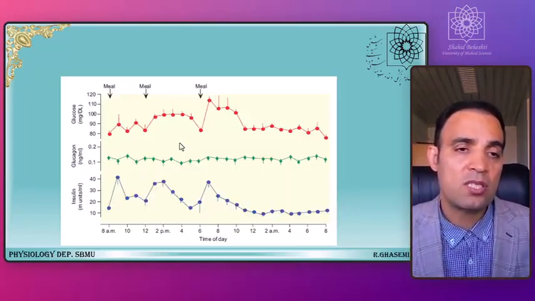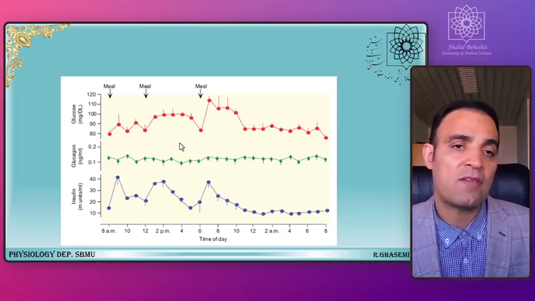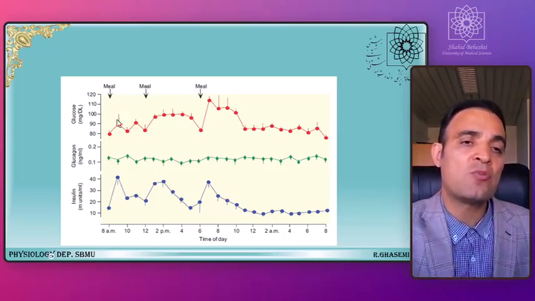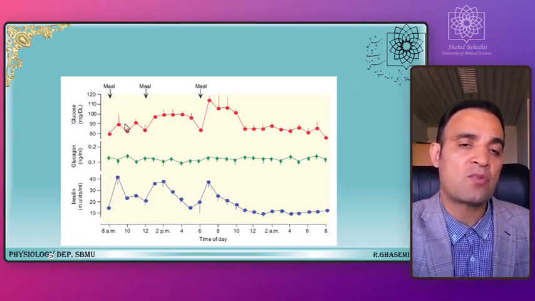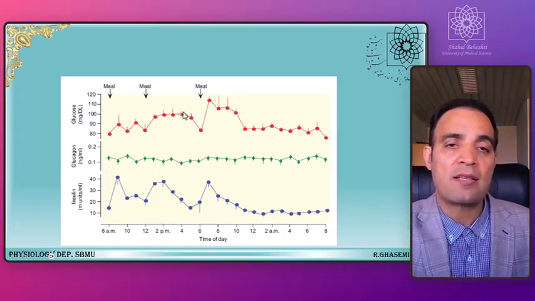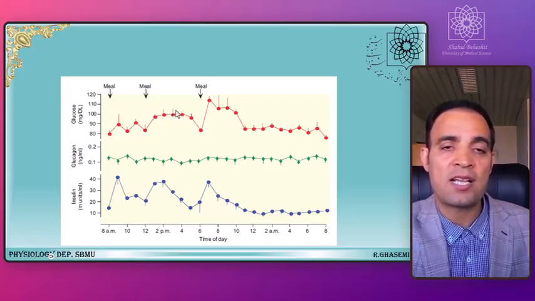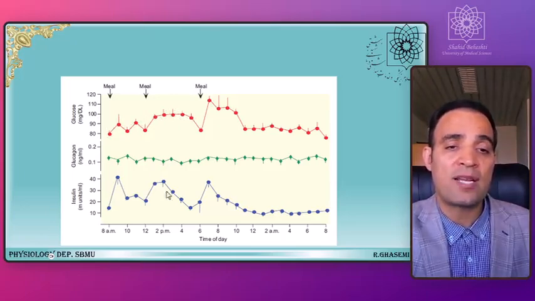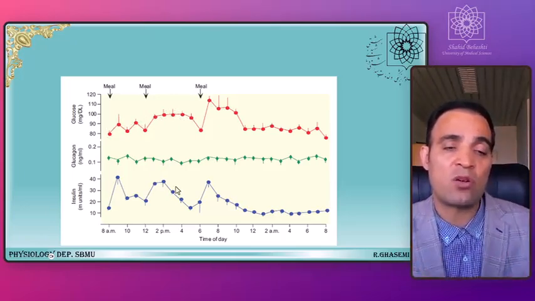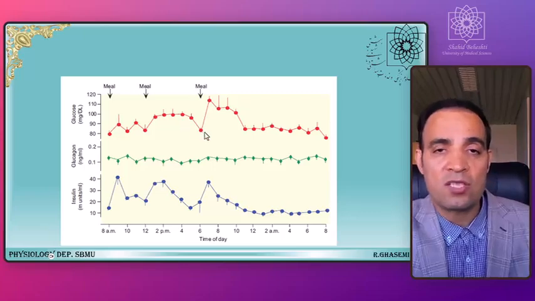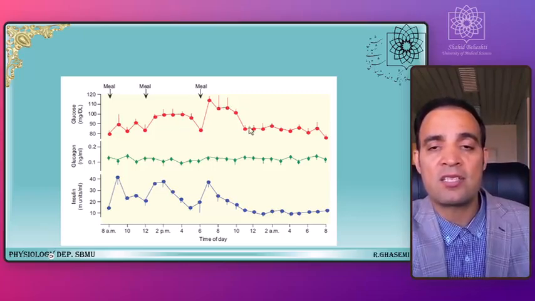And this shows the level of glucose that after each meal it is increasing, and then because of the hormones it is decreasing, and then for example here it is increasing. Here we have another food, it is increased, and then because of the glucagon and insulin, as I told you, the ratio of glucagon and insulin, the glucose will decrease, and then another increase and decrease.